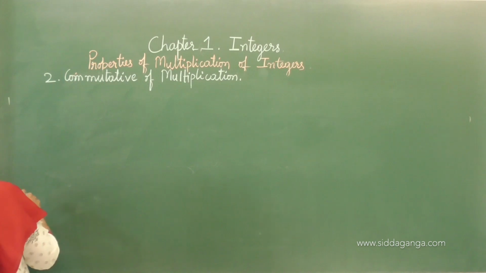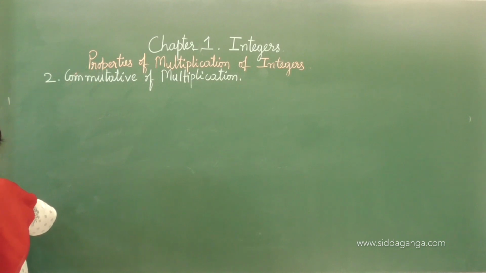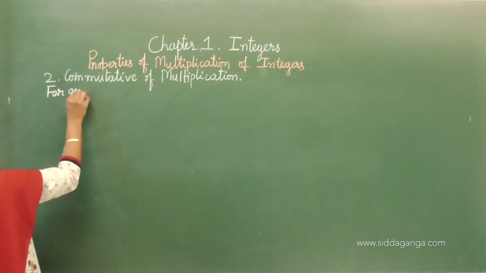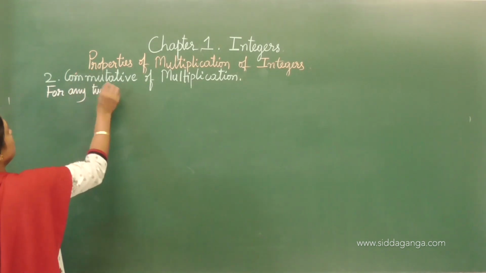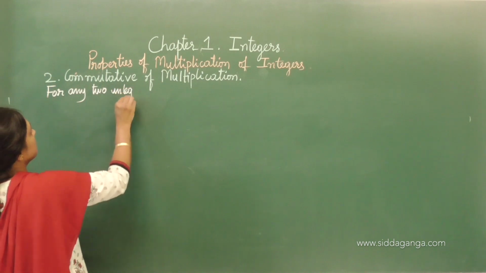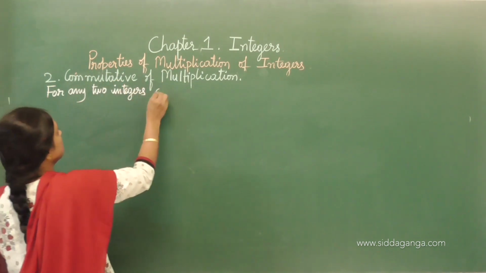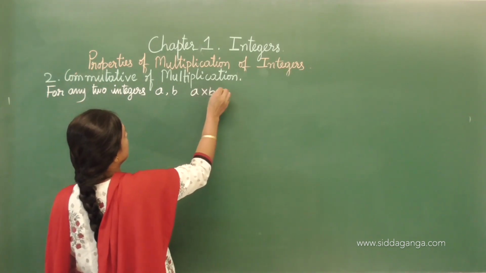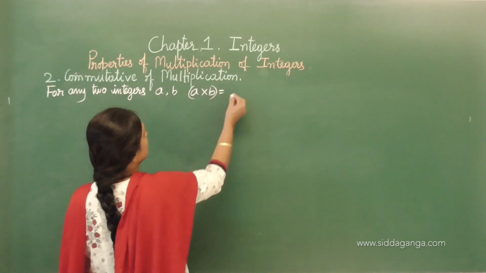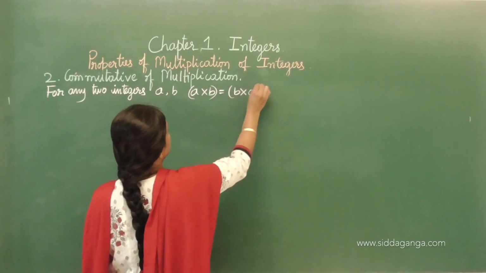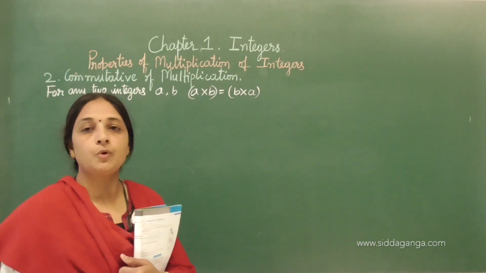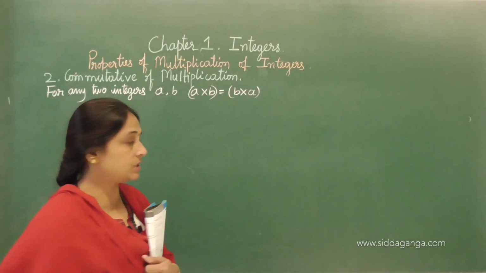The rule is said like this: for any two integers a, b, a into b is equal to b into a, then we get a product, and that product should belong to Z.